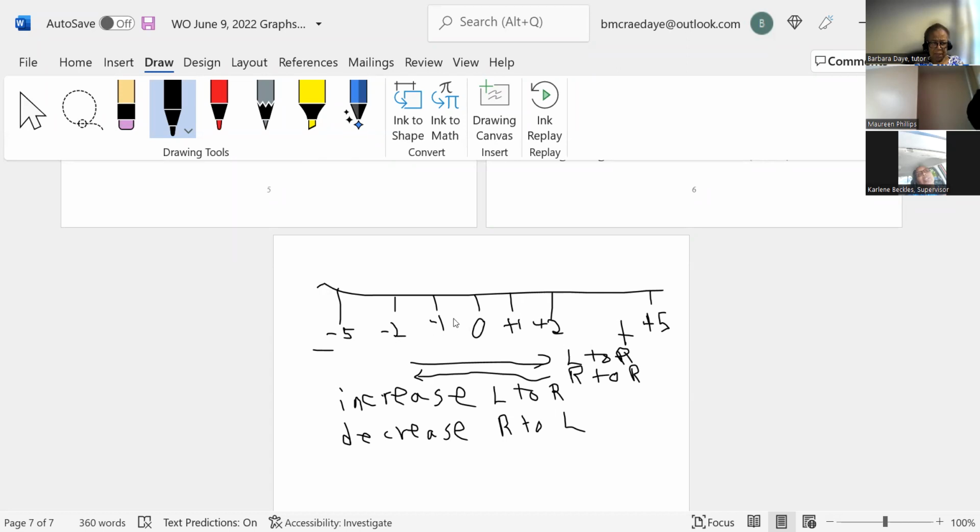Because on the number line, as you go from the right side to the left, that's a decrease. Whereas an increase is going from left to right. So the minus numbers are all smaller than 0. 0 is smaller than the positive numbers. So the positive numbers are greater than 0.